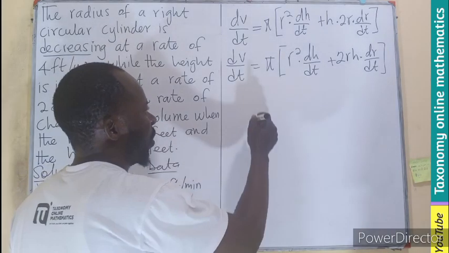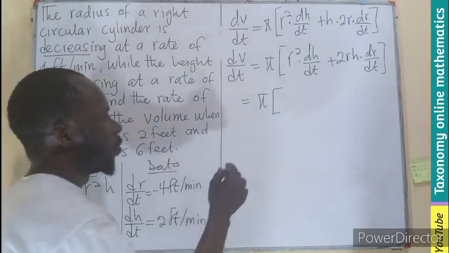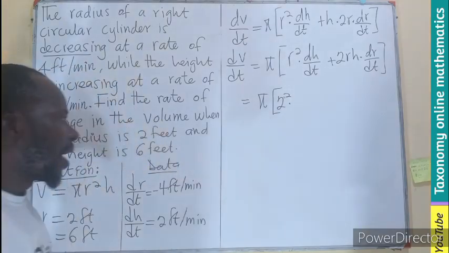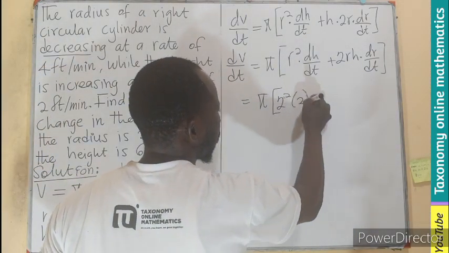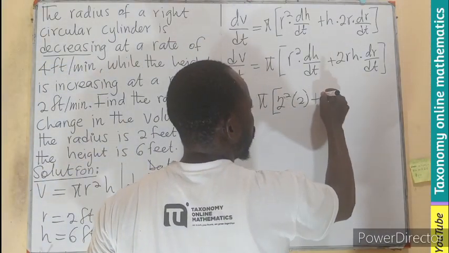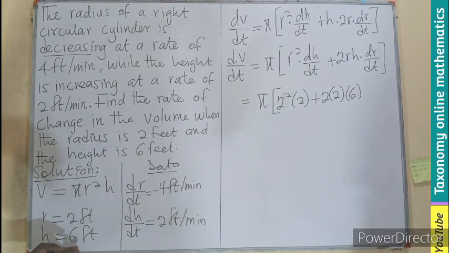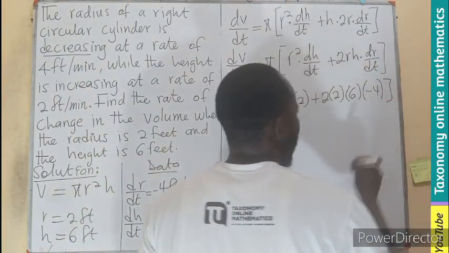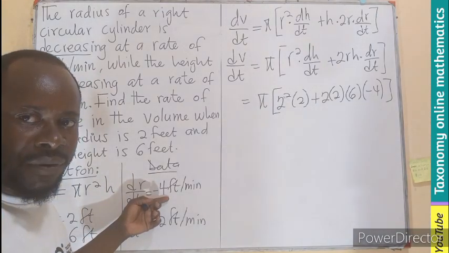So we substitute: pi multiplying radius 2 squared, so 2 squared, multiplying our dh/dt, that will also be 2, plus 2 times r times the h, which we have as 6, then multiplied by the negative 4, the rate of change of the radius.